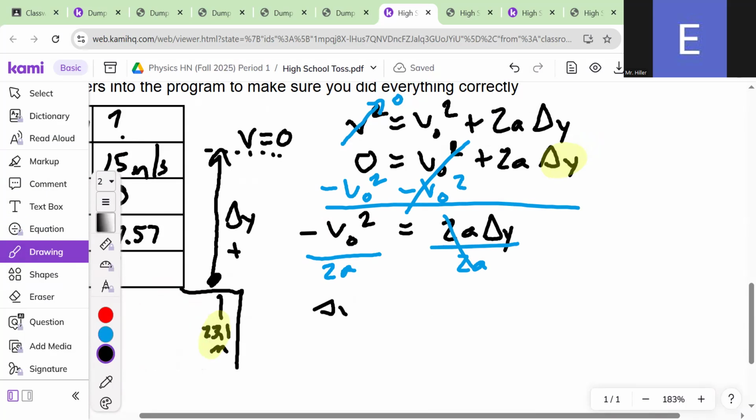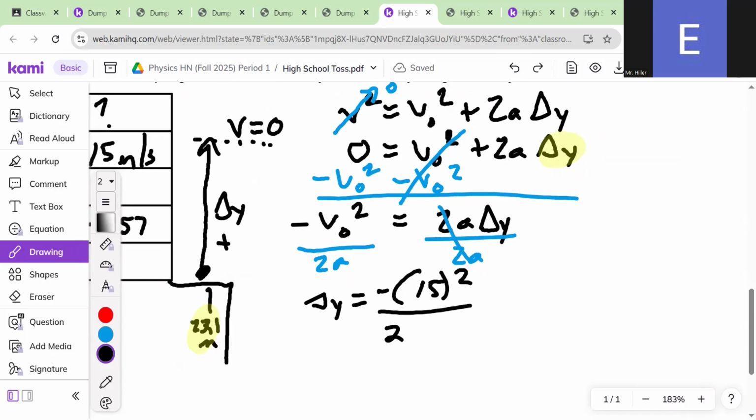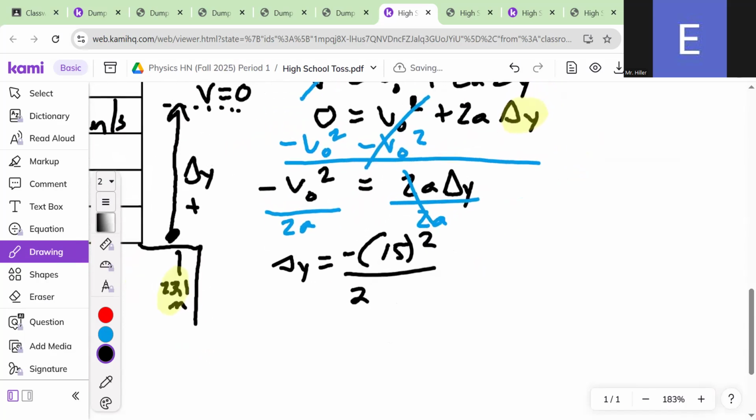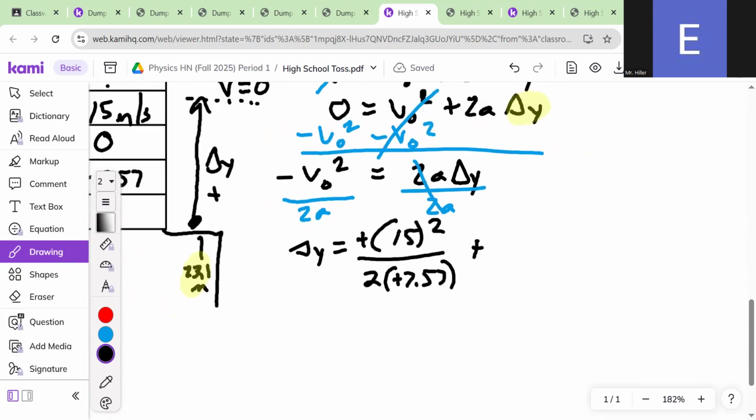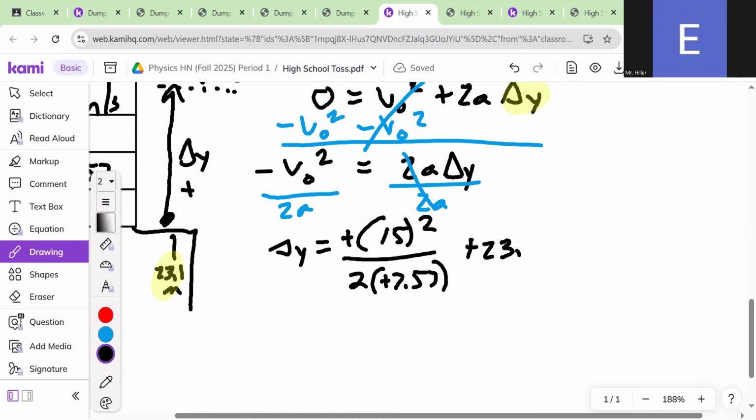My displacement, delta y, is going to be negative, whatever your speed was, mine was 15, over 2. Notice the negative is not being squared, it's outside, so you have to account for the negative. But watch, it will account for itself. 2 times your negative acceleration, and your negatives will cancel. Now just don't forget to add this to the height of your building. Mine is 23.1.